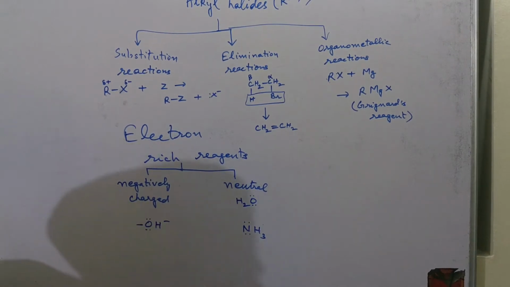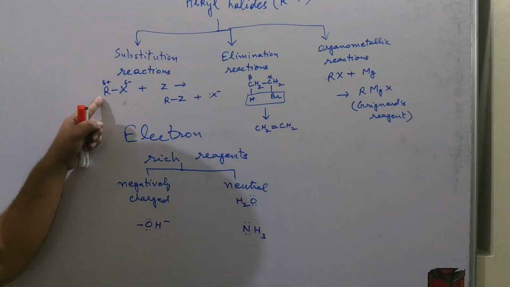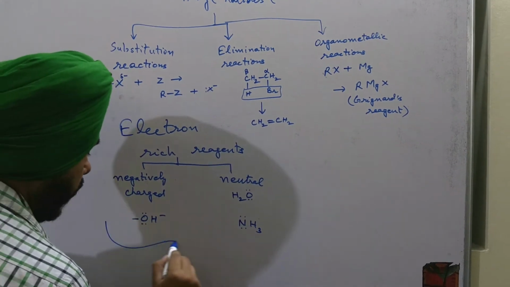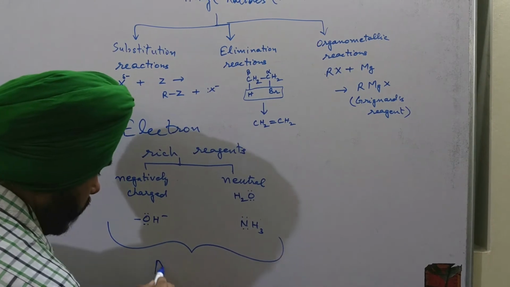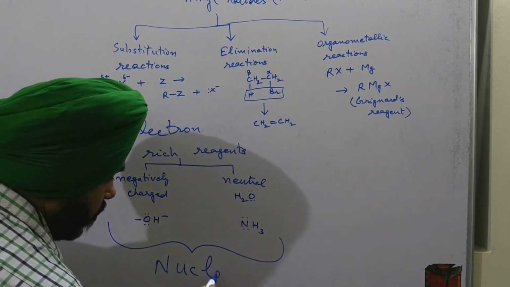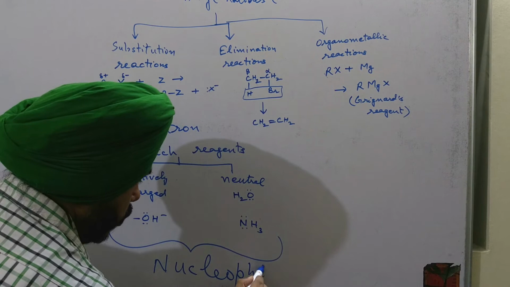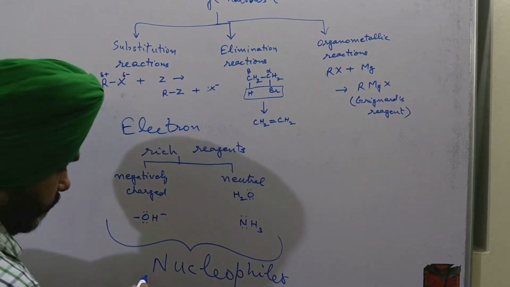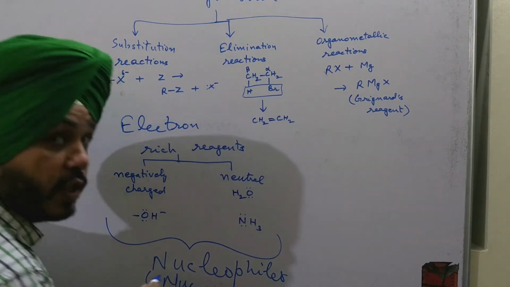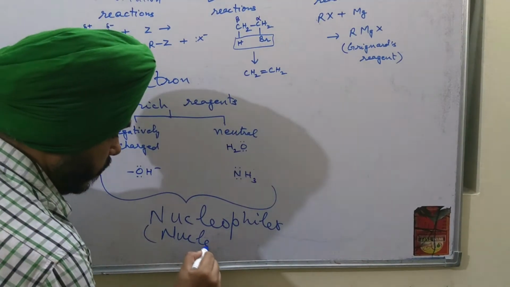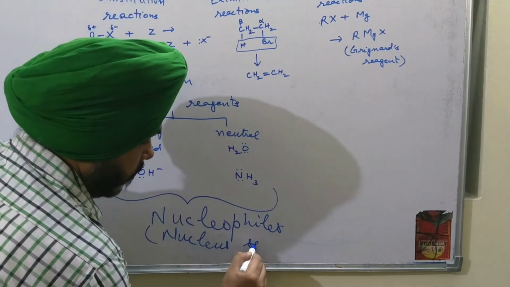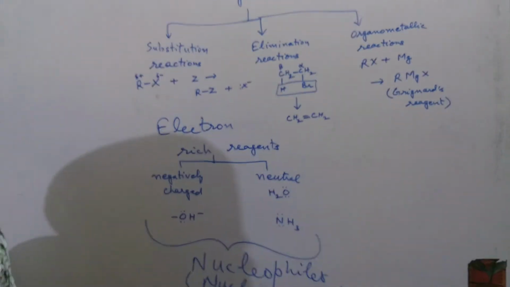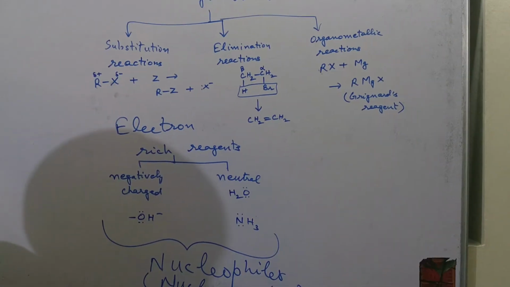These electron rich reagents which attack the partially positive carbon atom are called nucleophiles, that is, nucleus seeking. The nucleus, as we know, is positively charged. So these are nucleus seeking reagents.